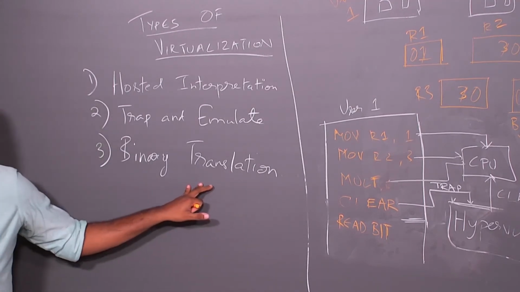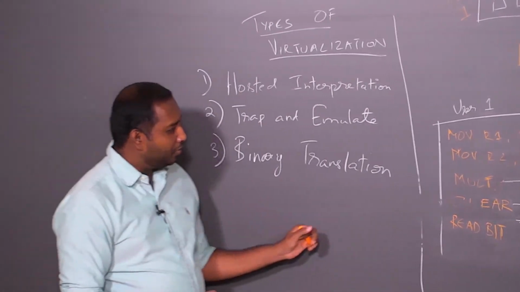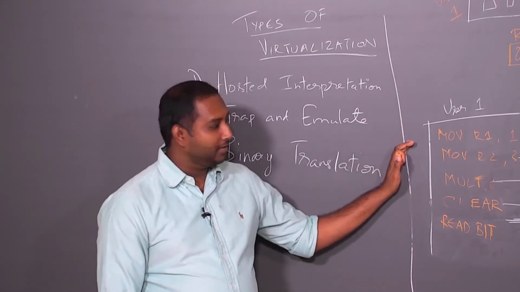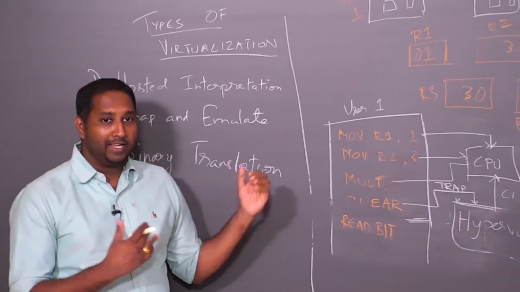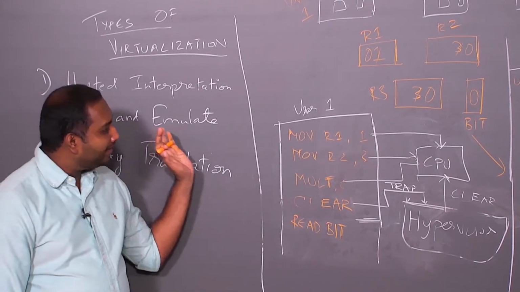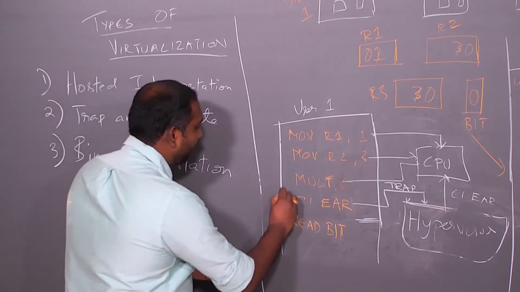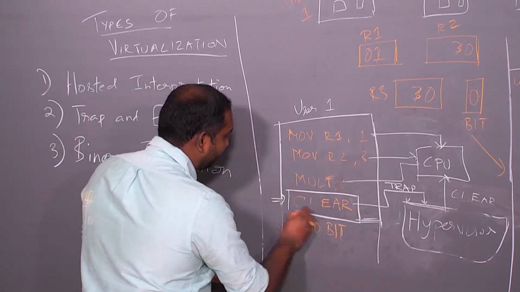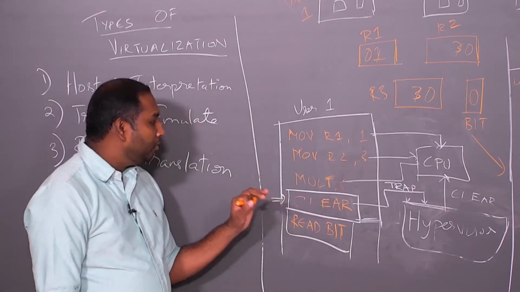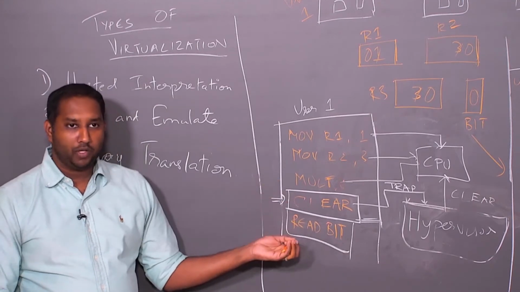In binary translation, you have a more proactive approach. You take a program that has all direct hardware instructions, move R1, move R2 and everything. You translate this program so that instead of doing any potentially problematic stuff like read bit and clear, you replace them with other instructions that are safe to execute.